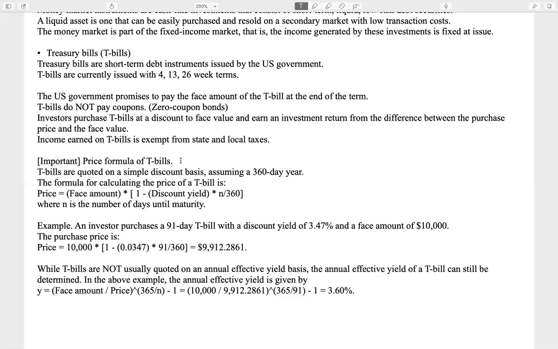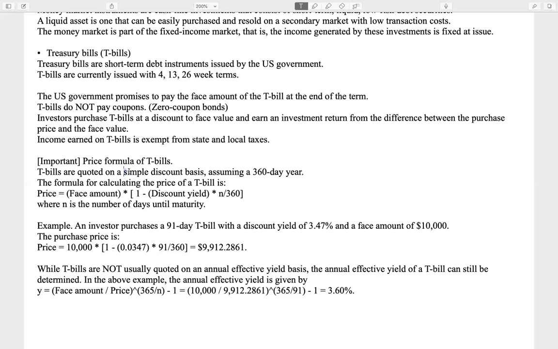How can you price a T-bill? This is very important. I can even tell you for sure right now that there will be one question on exam 3 asking how you can price a T-bill. It actually goes back to the very first chapter we studied: different types of interest, different types of discount.